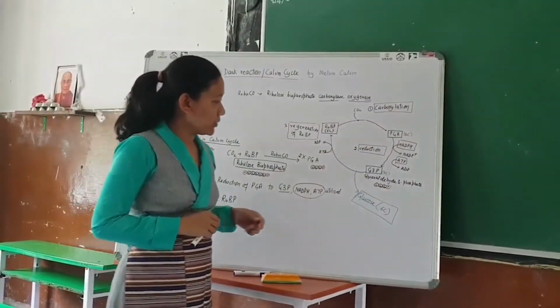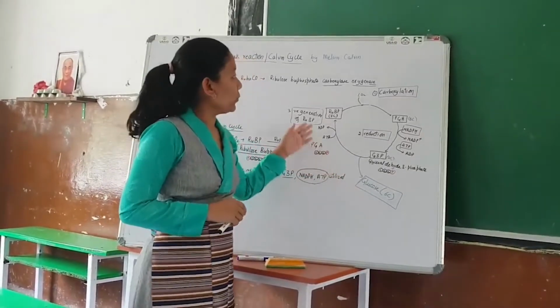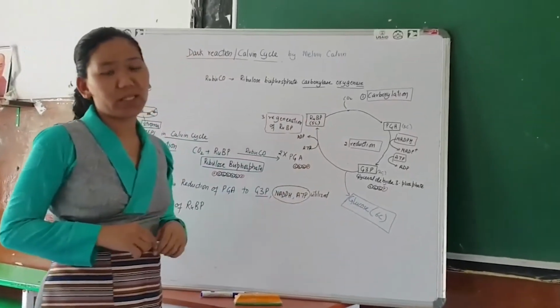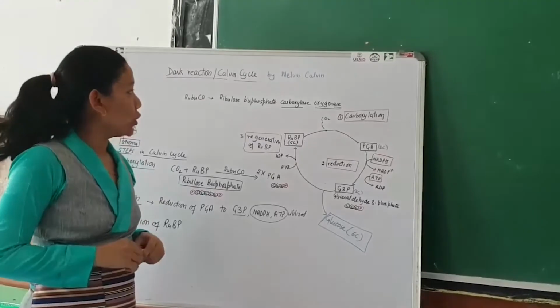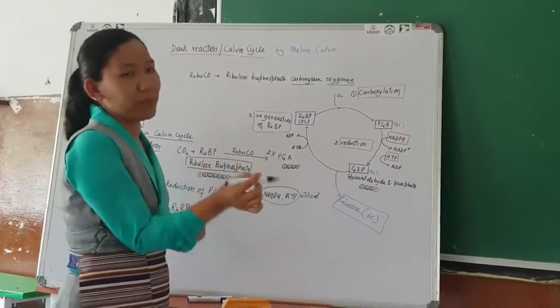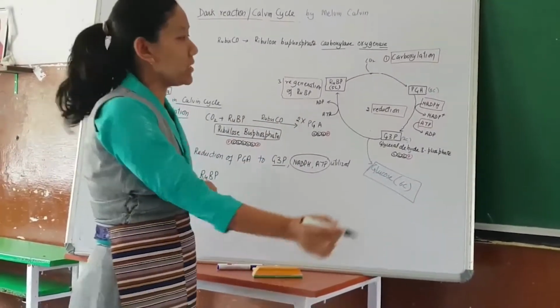In order to synthesize glucose, the Calvin cycle must occur 6 times, and they usually occur simultaneously.